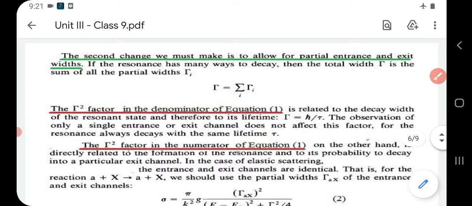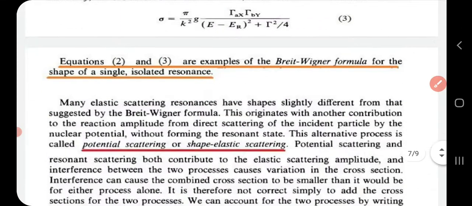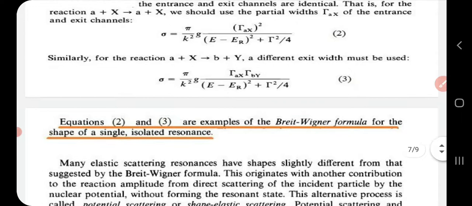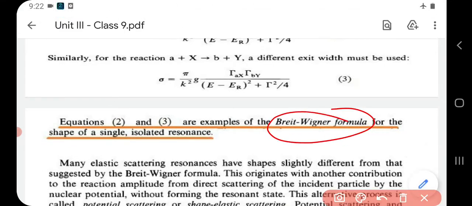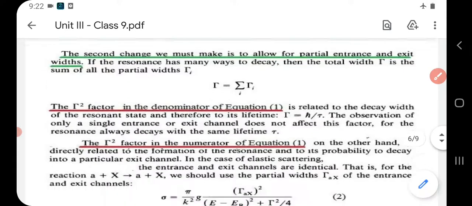This full slide you have to mention. Equation 2 and 3 are examples of the Breit-Wigner formula for the shape of a single isolated resonance. So, since equation 2 and 3 represent this formula, definitely you will have to mention the full slide. Okay.